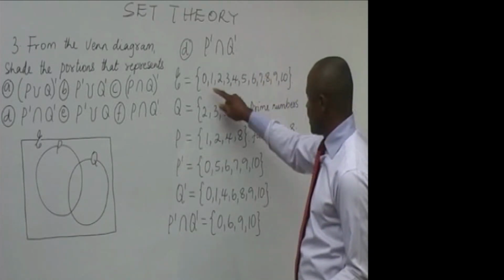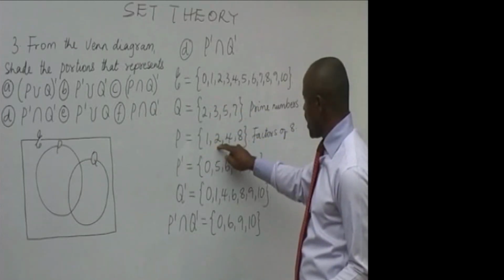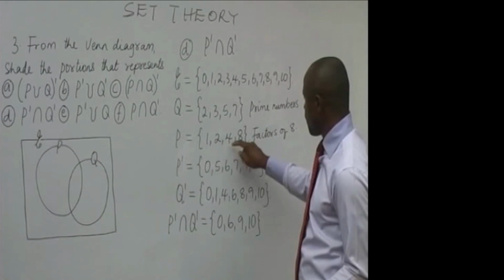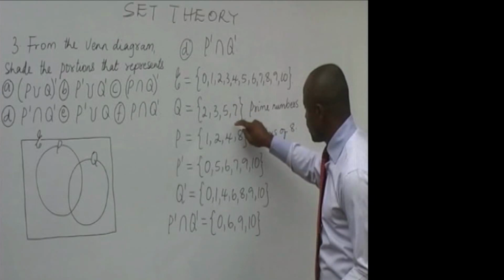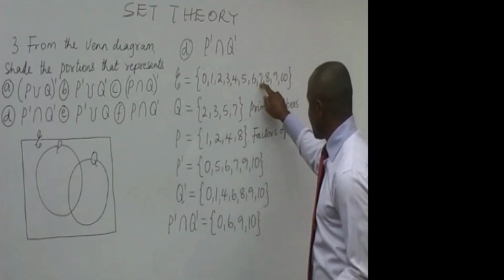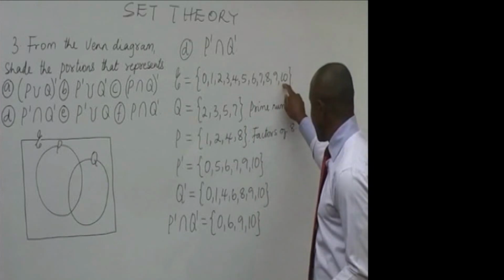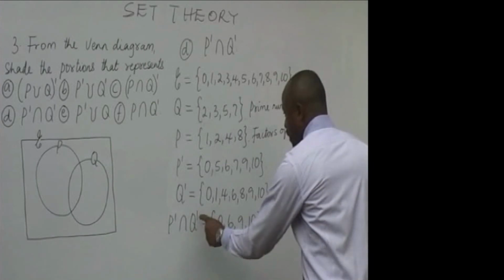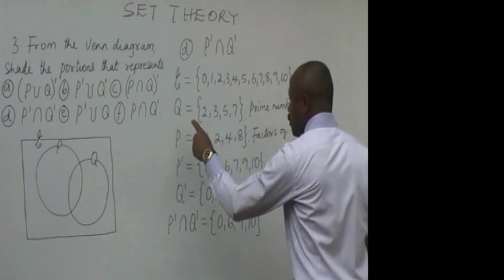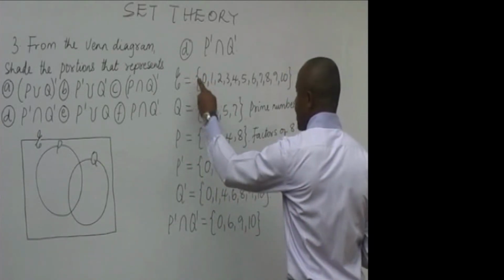Because the universal set is 0, 1, there is 1 here, 2, there is 2 here, 3, there is 3 here, 4, there is 4 here, 5, there is 5 here, 6. There is no 6 here, but you can find 6 here. 7, there is 7 here, 8, there is 8 here. 9, you cannot find 9 here or here, but you can find it here. And then 10, you cannot find 10 here. So P prime intersection Q prime completes P union Q to get the universal set.